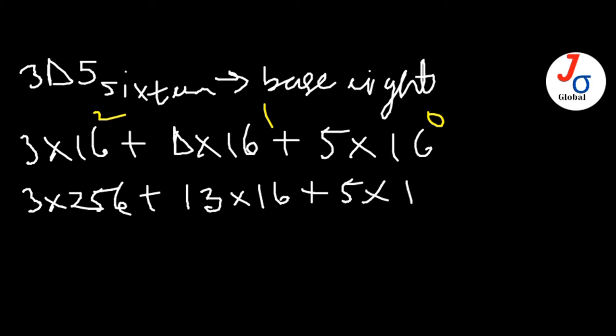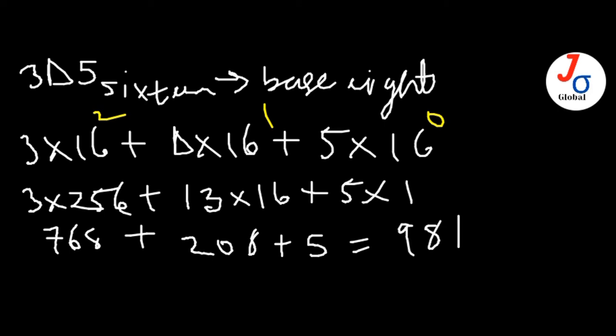And so you have 256 times 3. I have 768 plus 13 times 16. What I get is 208. Plus 5 times 1 is 5. And so altogether, I have 981 base 10.